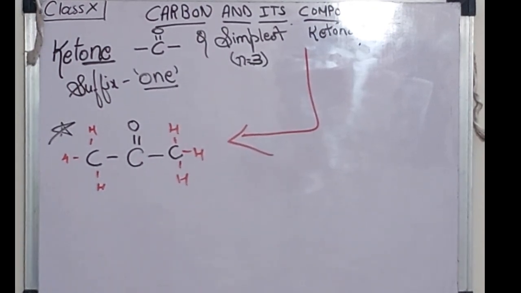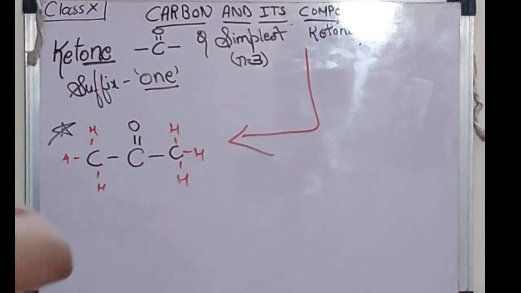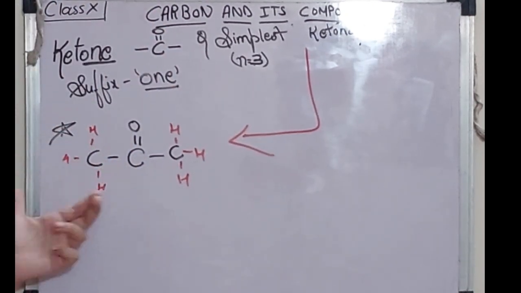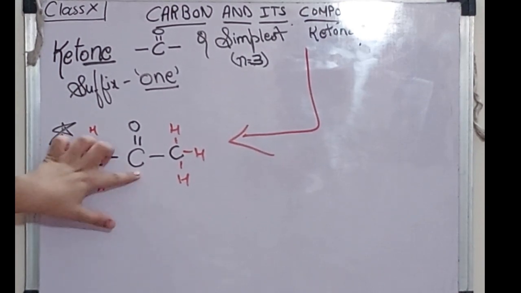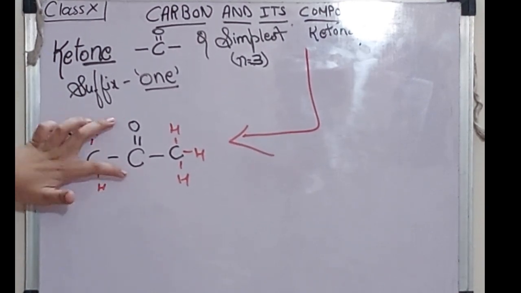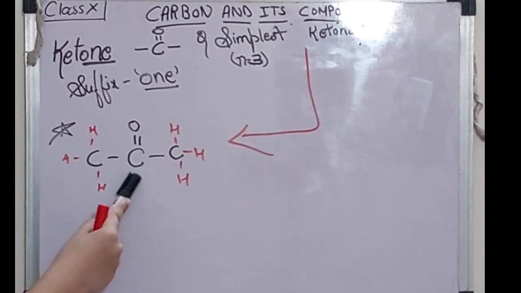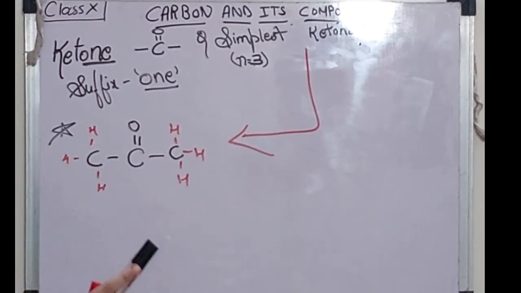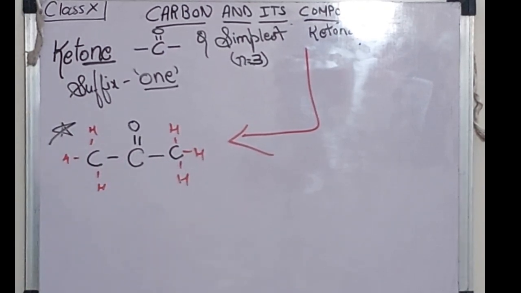And when I am asking you to draw the simplest ketone, you have to take the total number of carbon as 3. Why? Because there is a star point of ketone, that whenever a carbon is having a double bond with oxygen, meaning if ketone is the functional group here, then this carbon should complete its valency with carbon only. Both sides should be carbon only.